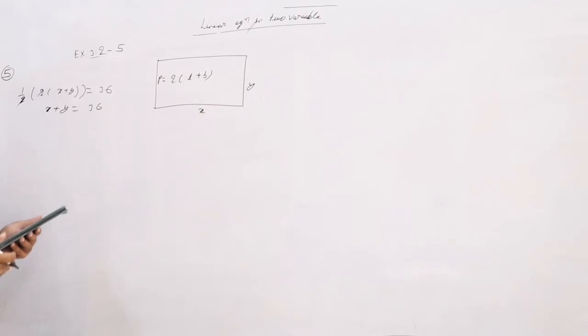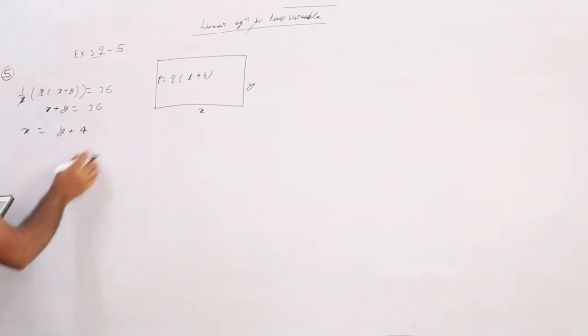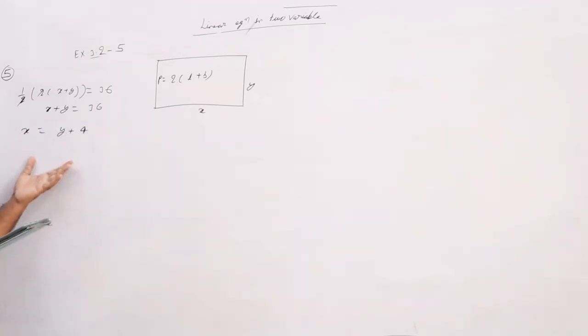Acha, second part of the question saying whose length is 4 meter more than breadth. So what we get? x is equal to y plus 4. Just now I explained to you. Bring this on this side. x minus y is equal to 4.